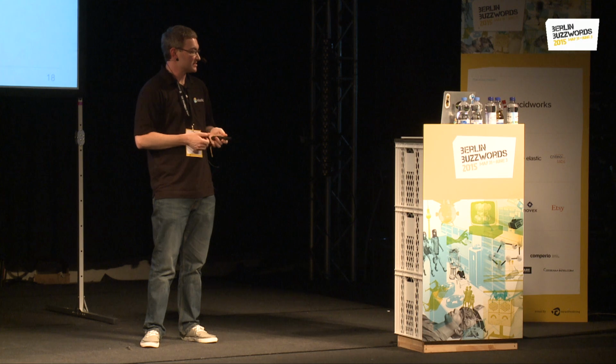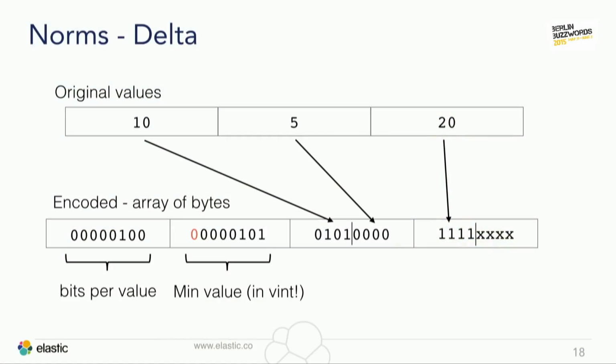So in this case, you can see that 10 and 5 are just like we expect, but 20 normally would have taken 5 bits. But because we offset it by that minimum value, we were able to store it in just 4 bits. And so if that minimum value is large, then it can help us have a higher compression rate.